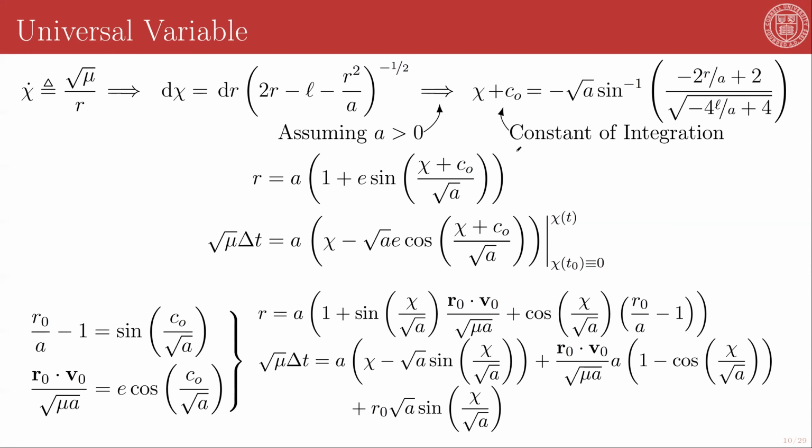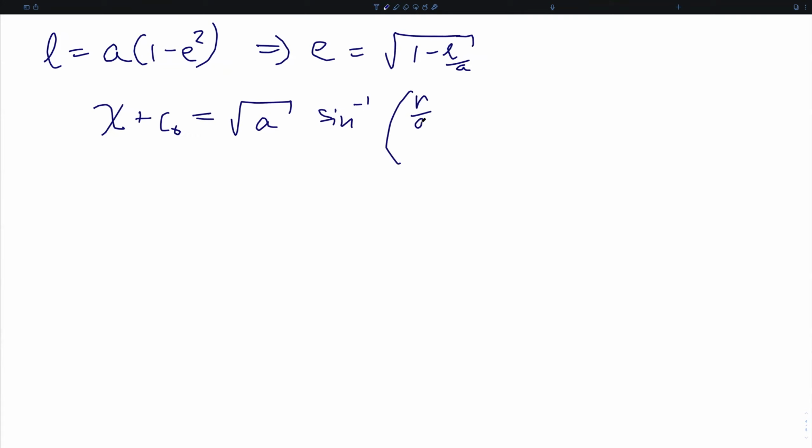It also means that we can substitute for the semi-parameter as l equal to a times 1 minus e squared. And that means that eccentricity is the square root of 1 minus l over a, which means that our integrated expression now looks like chi plus the constant of integration c naught is equal to the square root of a times the arcsine of r over a minus 1 divided by e.